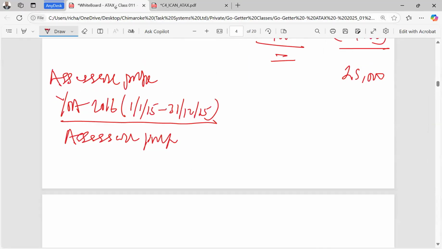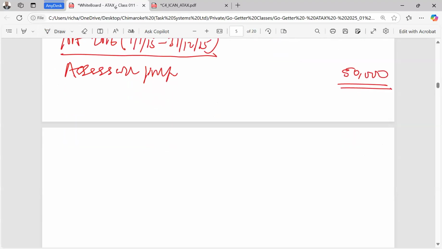That's beautiful. 50,000. There is no loss to bring forward, so you just close it because the system is asking us for just assessable profits. So we move to the next year. The next year, let me do is 2016. Year of assessment 2016. That will be from January 1, 2015 to 31st December 2015.